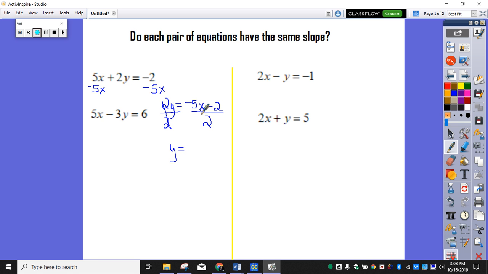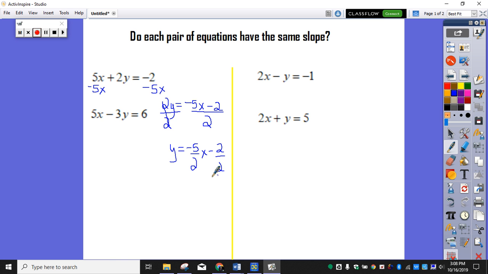And then remember, when we divide multiple terms by a number, we can split it into two fractions. So this would be negative 5 over 2x, and then minus 2 over 2.